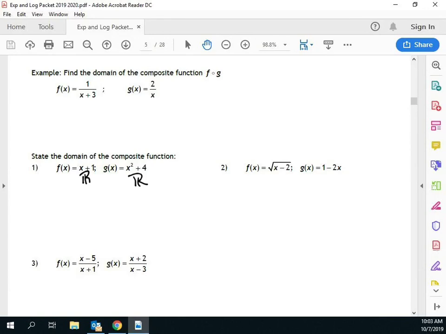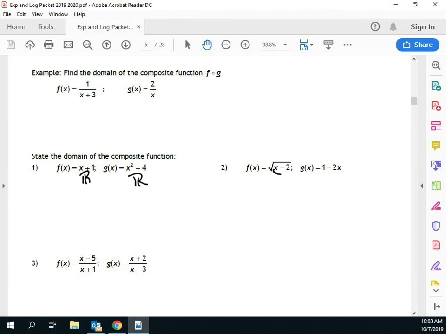All right, number 2. What's the problem with number 2 that we have to check? The square root. What has to be true about functions of square roots? What's underneath the square root must always be positive. Can it equal 0? Can we take the square root of 0? Yes, we can. Square root of 0 is 0. So here's what I'm going to do.